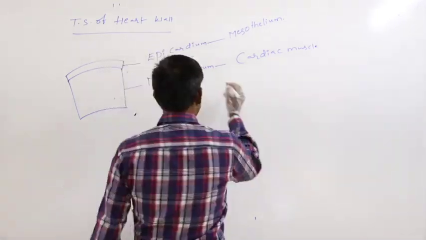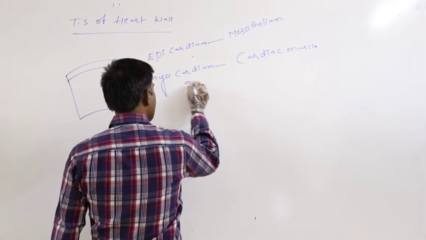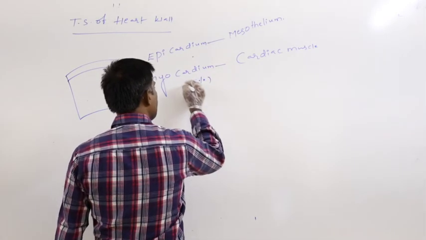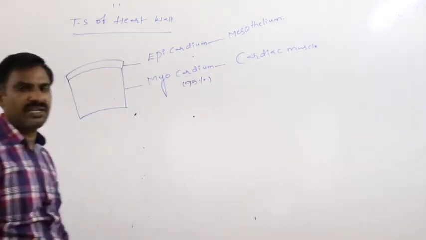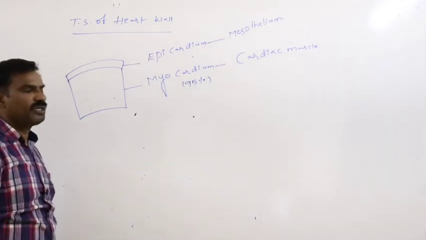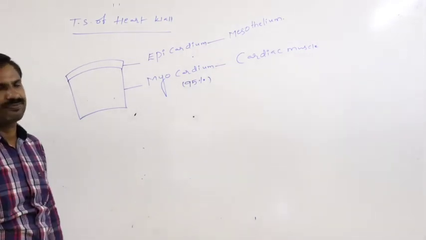So definitely 95% of the heart wall is mainly due to the involvement of the cardiac muscle only.